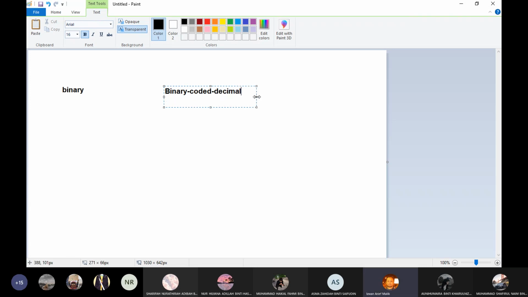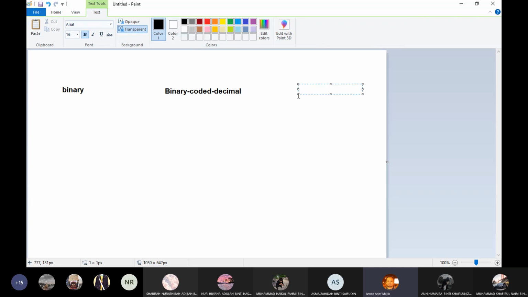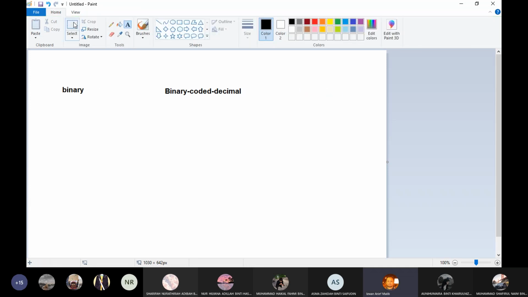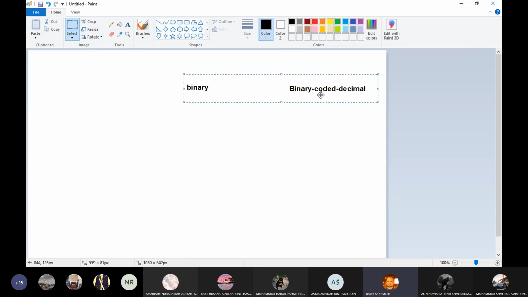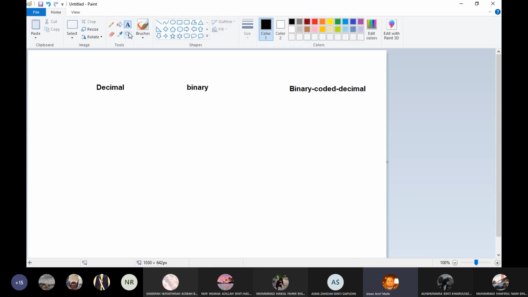So these 2 types of binary number, even though they are using the same base, base 2, base binary, they differ in their representation. Okay, so what do I mean by different? For example, I put here decimal number. So decimal, binary and binary coded.